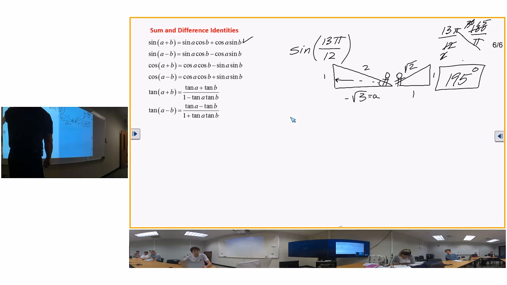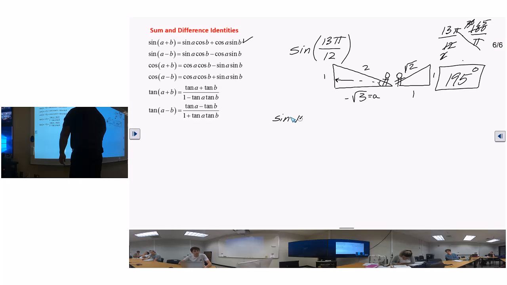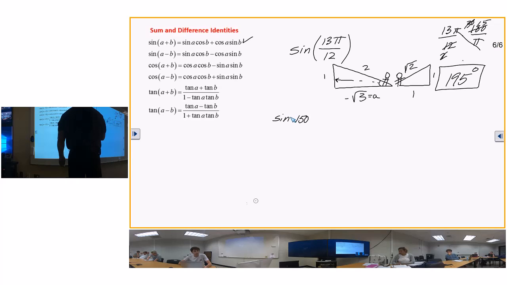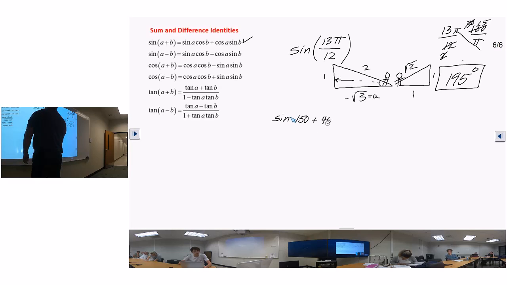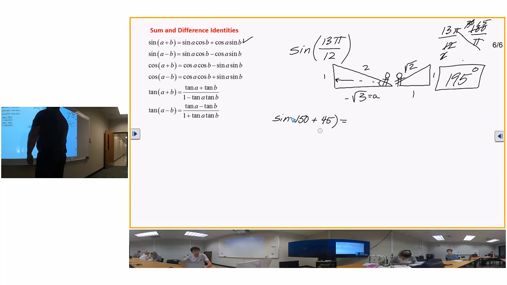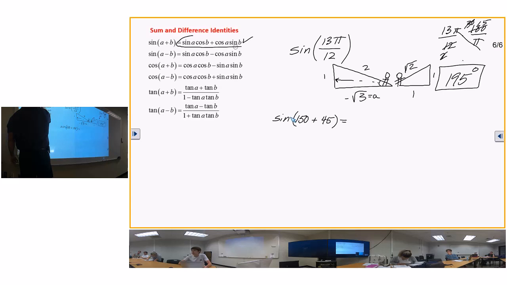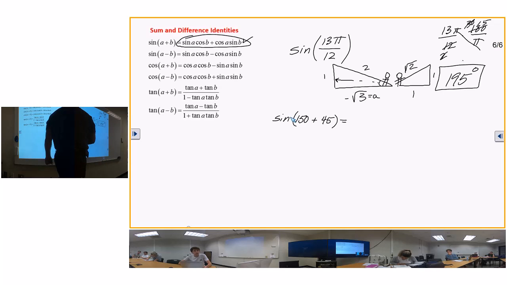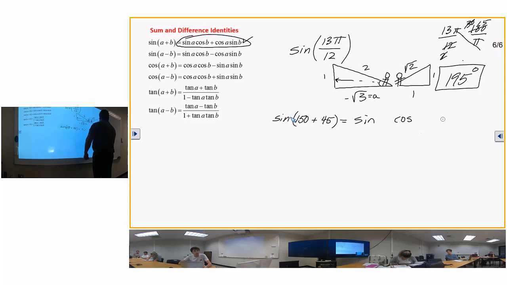We got A plus B. So the sine of 150 plus, what do we say, 45? 45 is equal to, and we're going to follow this one right here: sine, cosine, cosine, sine. Sine, cosine, cosine, sine.